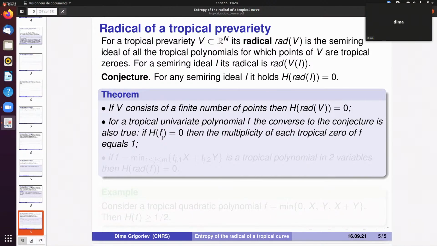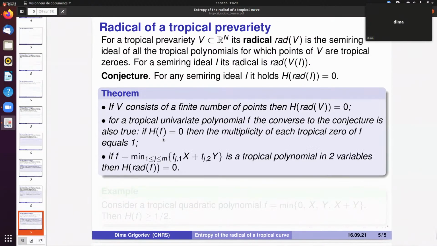This is true as in the classical case, for sufficiently big values. But for many variables, for more than one variable, I don't know. I have no idea what is the structure of the Hilbert function.